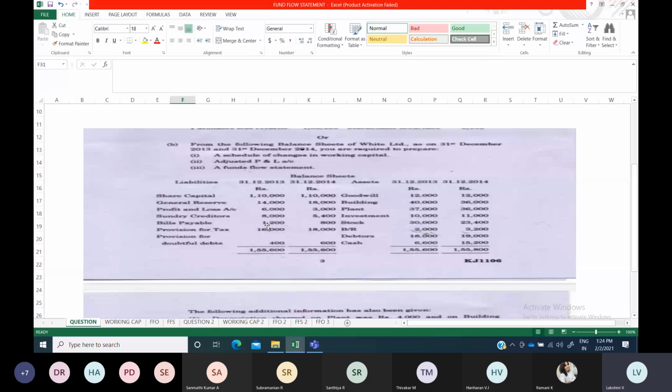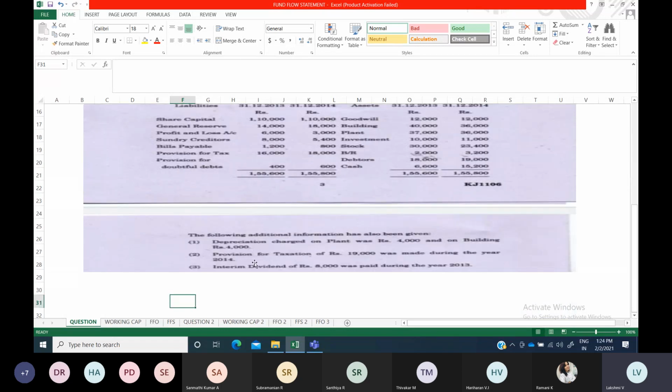If they give it under current liability, treat it as a current liability and take it to the first step, the schedule of changes in working capital. If they didn't mention current liability, take it to the adjusted P&L account or the statement method, whichever you follow for calculating funds from operations.